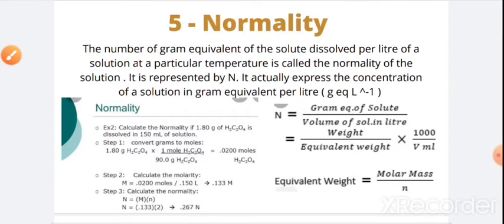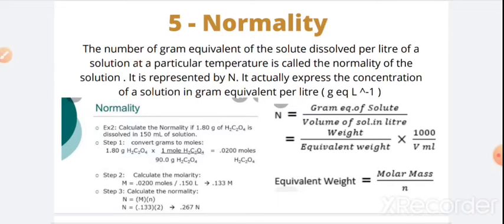Over here this n doesn't mean the moles of the solution, it means the valency of the given solution. The formula of normality is given here: the gram equivalent of the solute by the volume of the solution in liter. And for the gram equivalent, it is the weight upon the equivalent weight, into 1000 by volume.